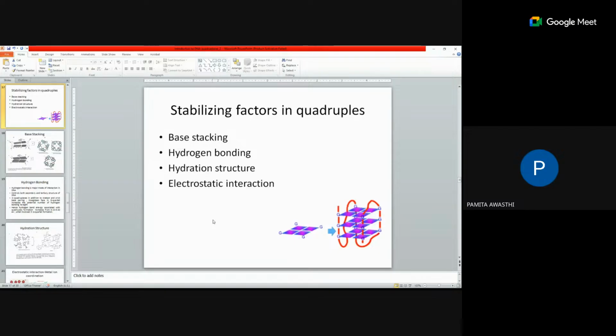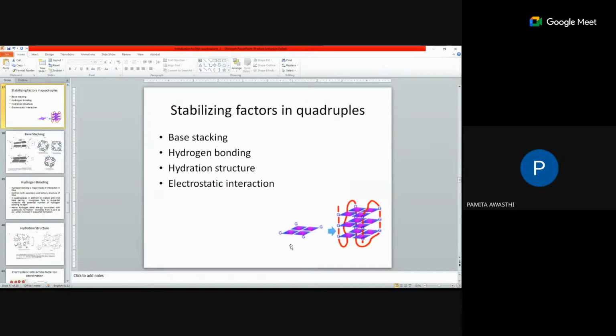Like double helix B-DNA, bases in quadruplexes are associated by base stacking, hydrogen bonding, and electrostatic interaction. One point to note here is that in double helix DNA, we have 4 bases. Here we have only 1 base, that is guanine.